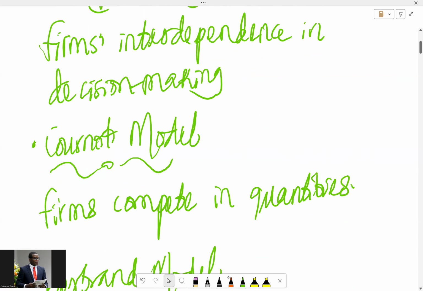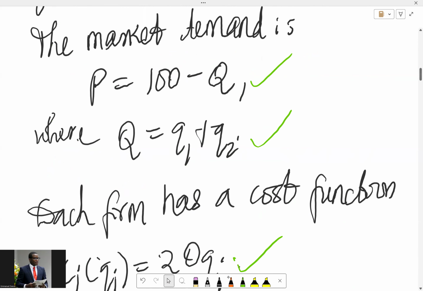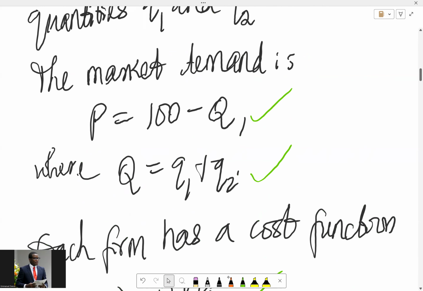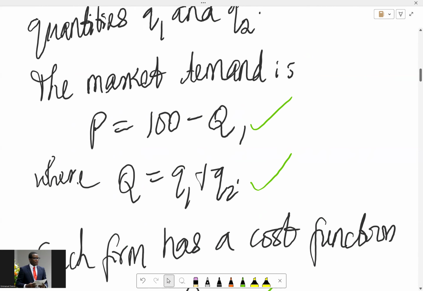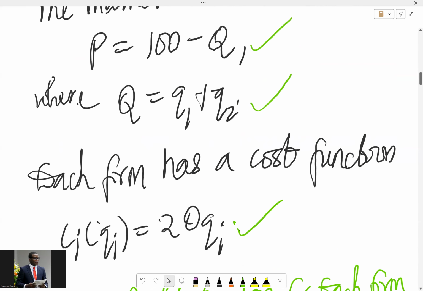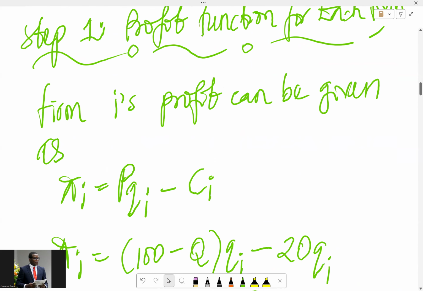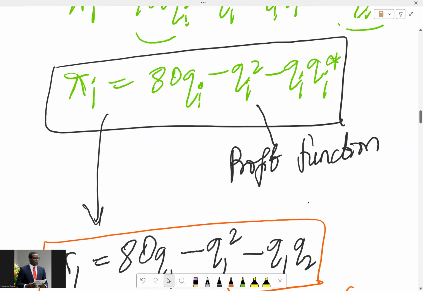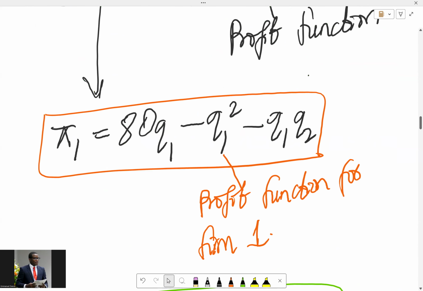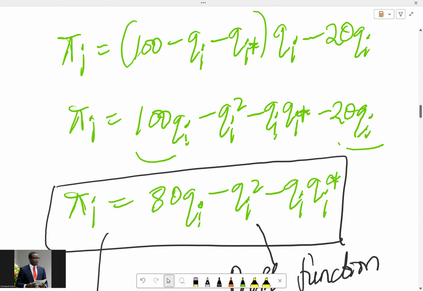What is it now? For Q1, we have P is 100 minus Q into Q1. This is the expression. So we can just go for the general one, right?